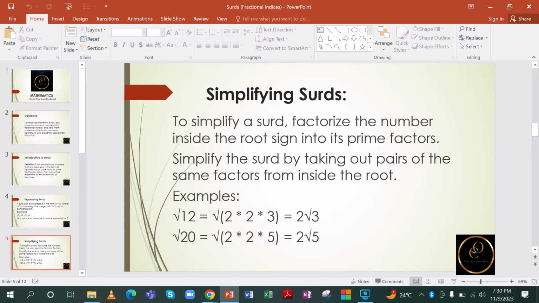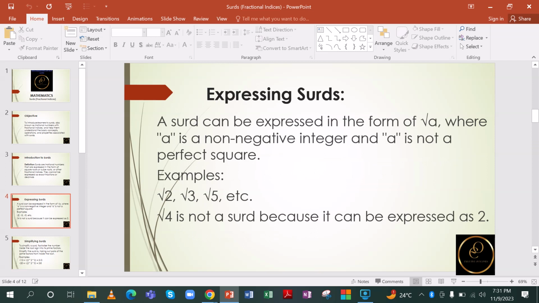Yes. Okay, fine. So you can see that I'm trying to show you how to simplify Surds. From the definition here, I've said a Surd can be expressed in the form of root of a, where a is a non-negative integer and a is not a perfect square.